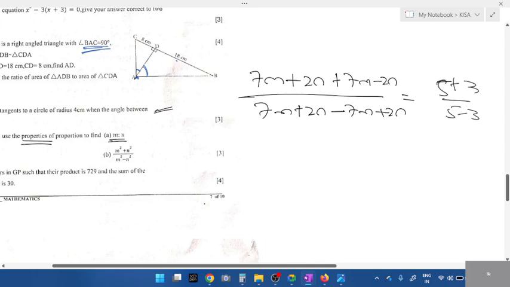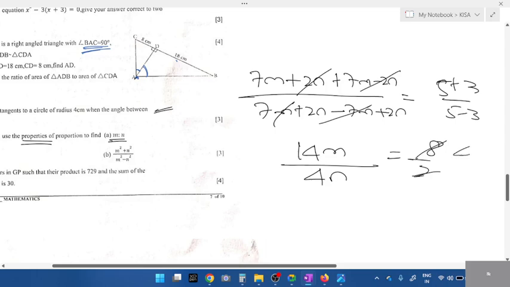All of you respond. Let us solve this. What do you get? 2n gets cancelled. 7 plus 7 is 14m. And here, what is 2 plus 2? 8 divided by, if you reduce it, 4 by 1, students.